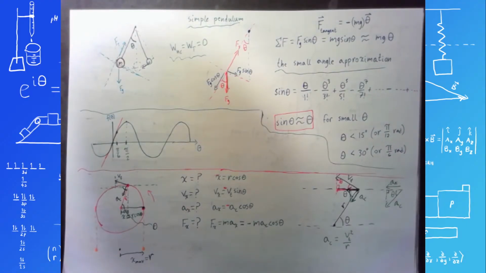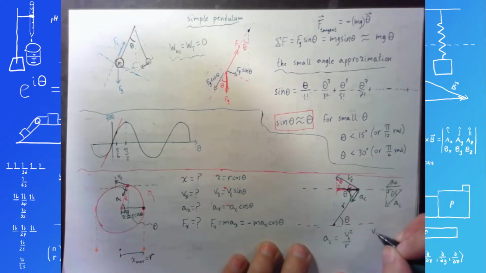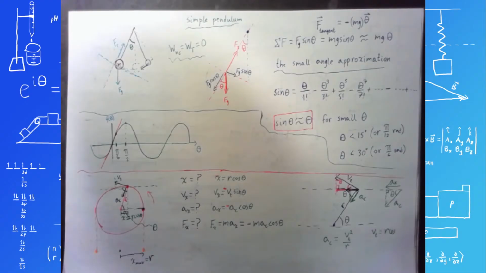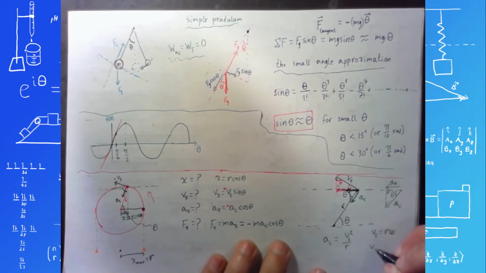We learned in rotational dynamics that v tangential can be written as r times omega, the angular speed. So v tangential squared would be r squared omega squared. And if I put r squared omega squared in the numerator, one of the r's will cancel out with the denominator, so we get a centripetal is also equal to r times omega squared.